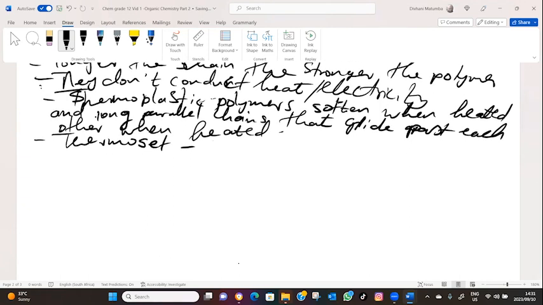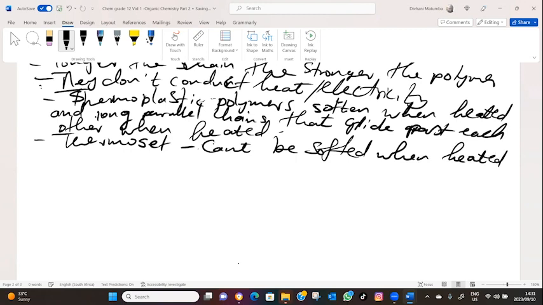And on this one, it cannot be softened when heated, since molecules cross-link.